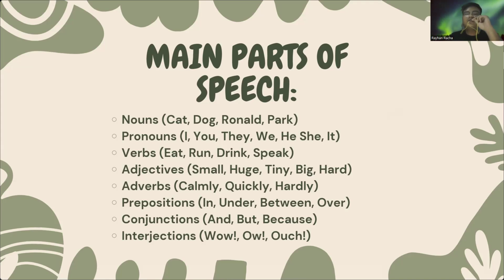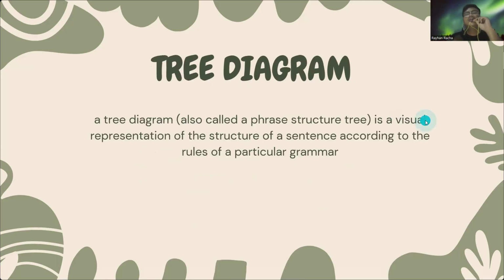We learn the part of speech because in the next discussion we will be discussing the tree diagram. A tree diagram, also called a phrase structure tree, is a visual representation of the structure of a sentence according to the rules of grammar.